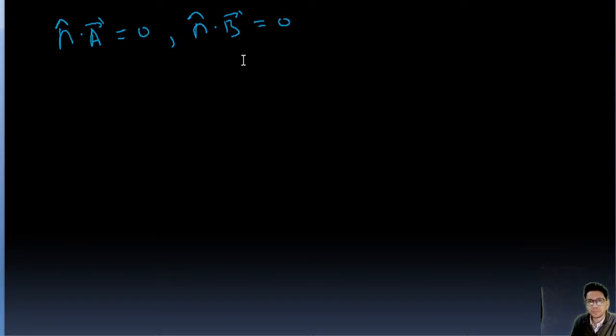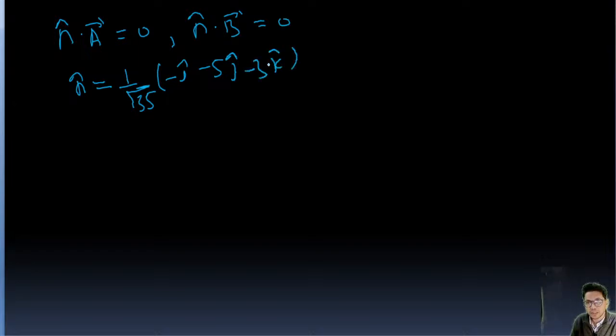So I'm going to check with option D. Let us say n cap is 1 upon root 35 into minus I cap minus 5 j cap minus 3 k cap. So we'll find out n cap dot a vector.